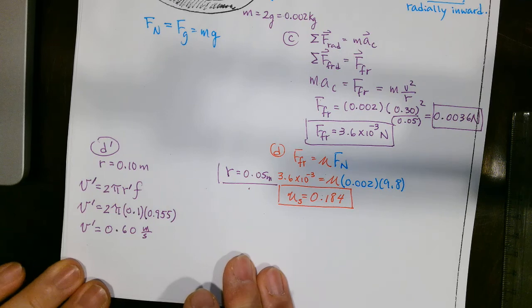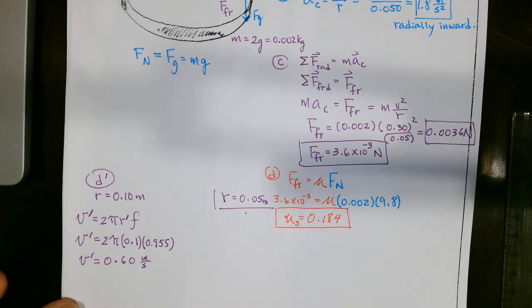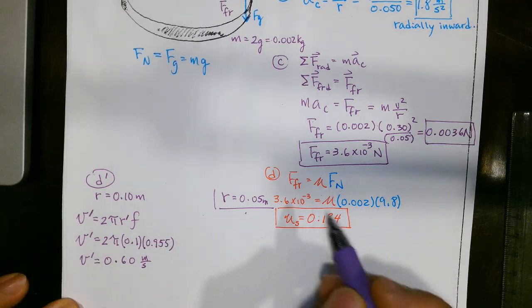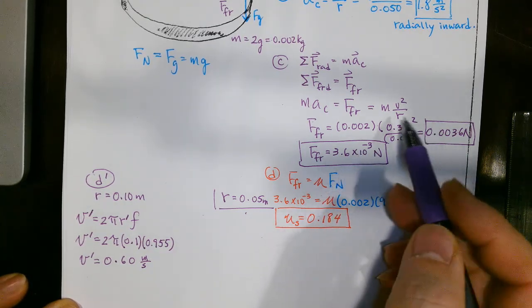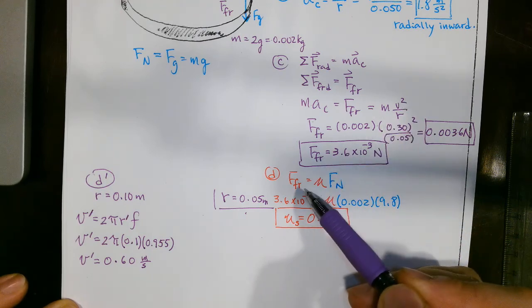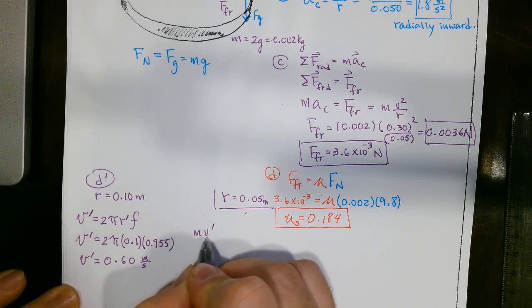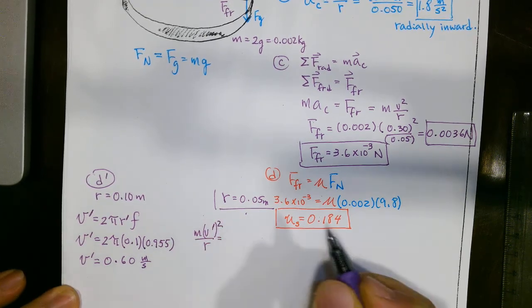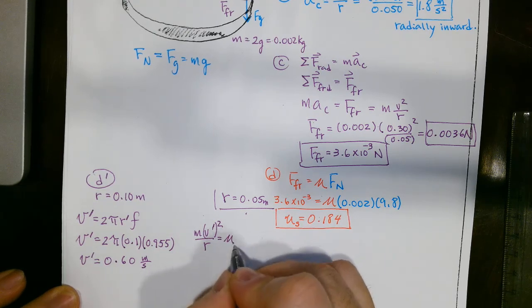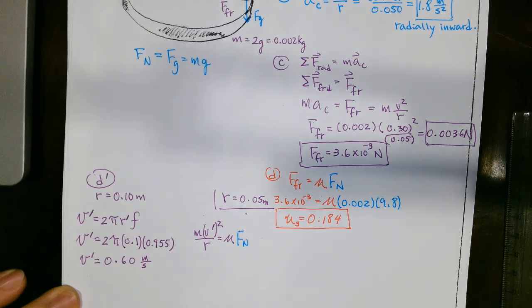And so, if I were to calculate what mu is here, this frictional force is basically mv squared over r, right? So here, m v prime squared over r is equal to mu times F normal, which is pretty much that.